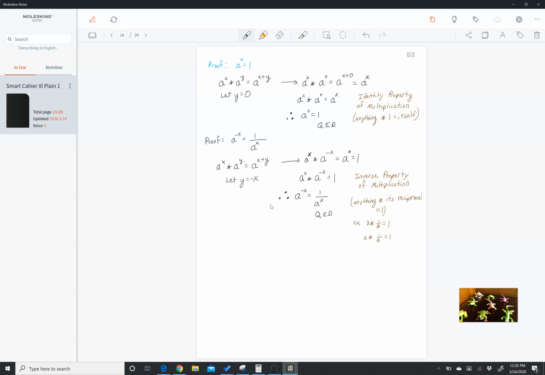Okay. So now we proved all of these rules, which is really nice, but let's put them to use. Let's actually figure out how they're helpful. So one of the things that we do is we use them to simplify exponential expressions.